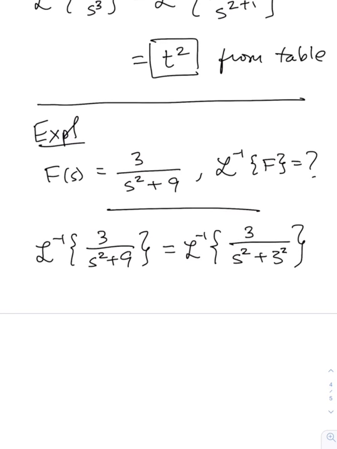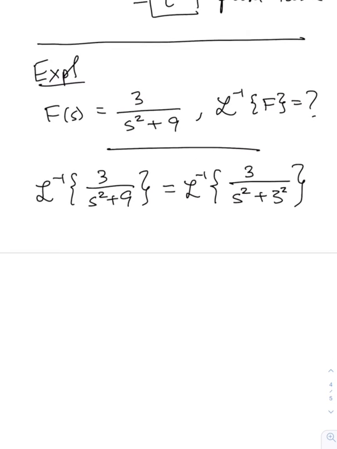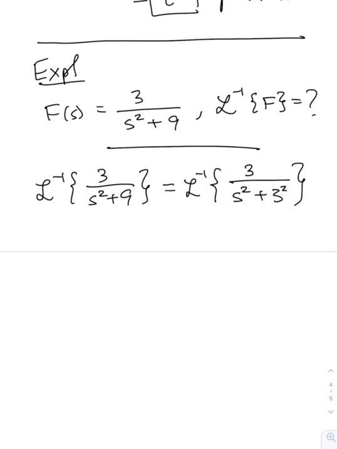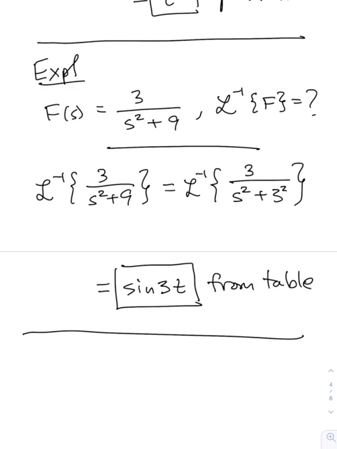Then on the table we've got b over s squared plus b squared, and for that line in the table, the inverse Laplace transform is the sine of bt. Our b here is 3, so sine of 3t. That last part is coming from our table. Okay, that one's kind of straightforward too.